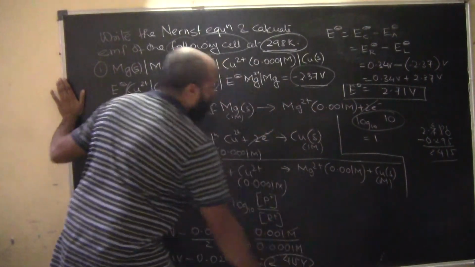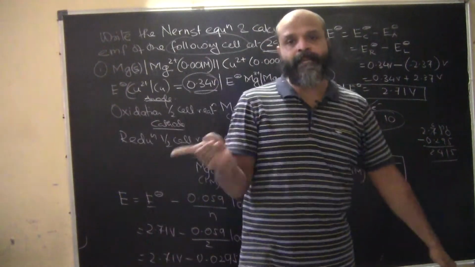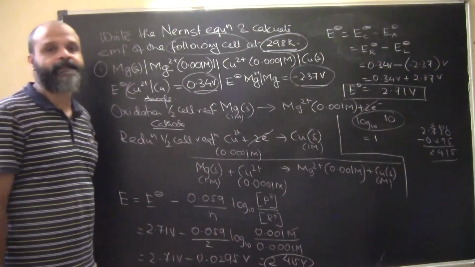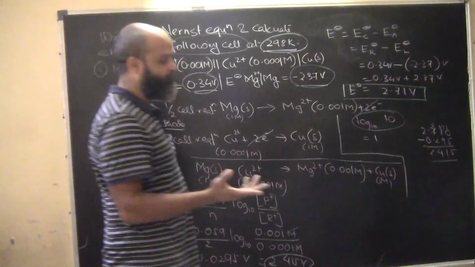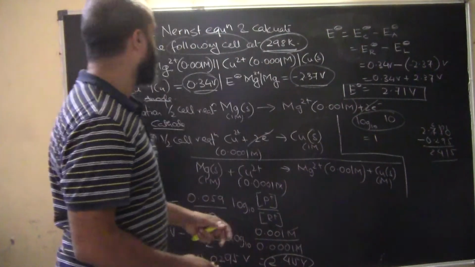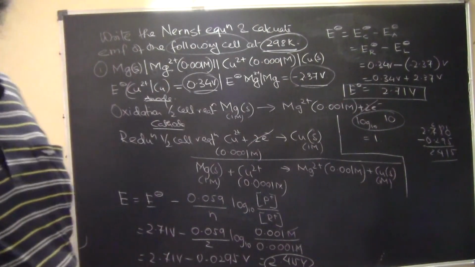So this is going to be the answer. That's how we are going to solve this. Here we have taken an example wherein we have two metals. We will take another example wherein we take a gas, and so on and so forth. I hope this is clear. You can take a snapshot. We will move on to the next problem after this.